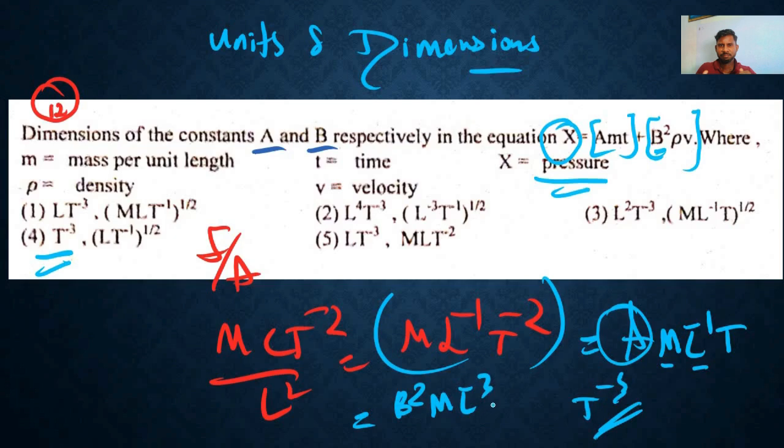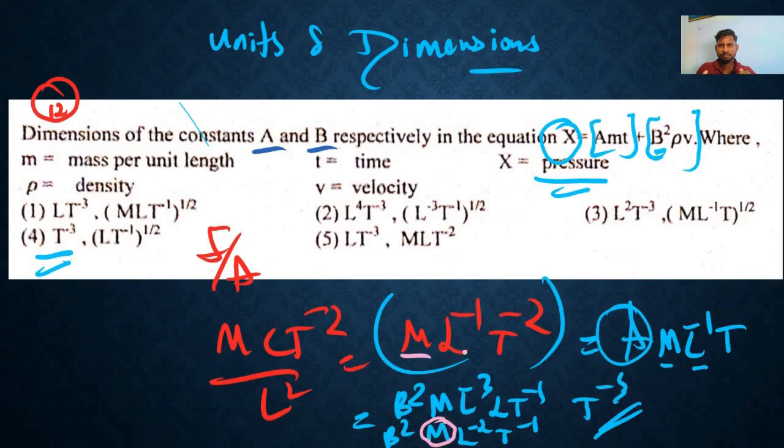Again, what's v? It's velocity, L T minus 1. So from that we get, let's write it, M is already there, M L minus 2 T minus 1, and we have b squared, right? So again, the same concept we did for a, we already have a.